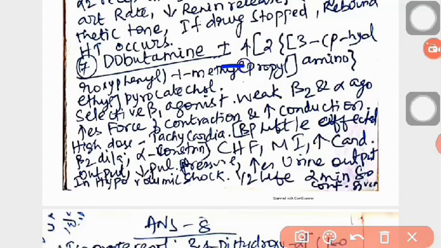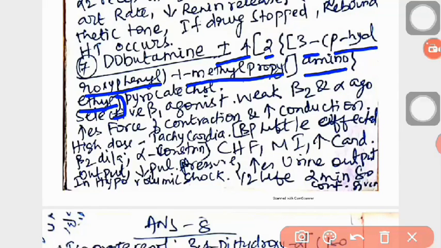So it is plus or minus 4, 2, 3 para-hydroxyphenyl 1 methyl propyl amino ethyl, the square bracket is there, then pyrocatechol. In different books you will find different names, but this is also somewhat correct because it is also from a standard book only. So don't worry about the different names given in different books.